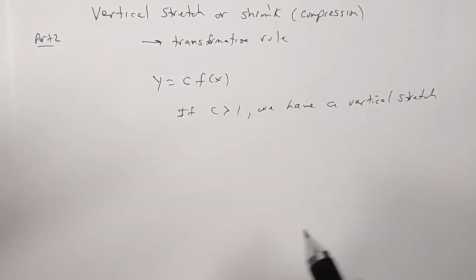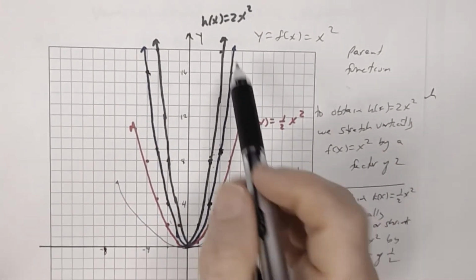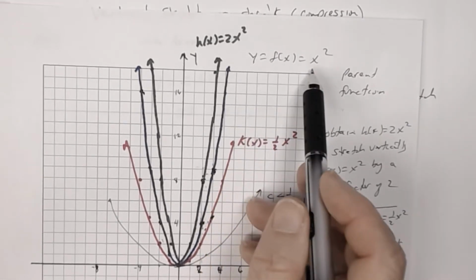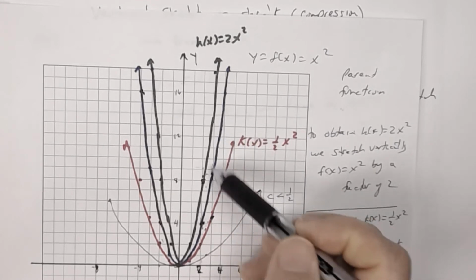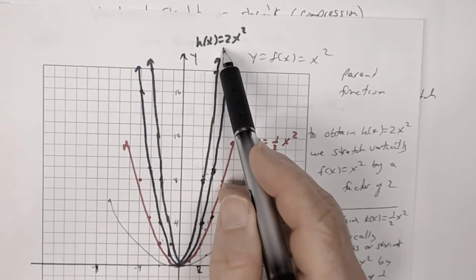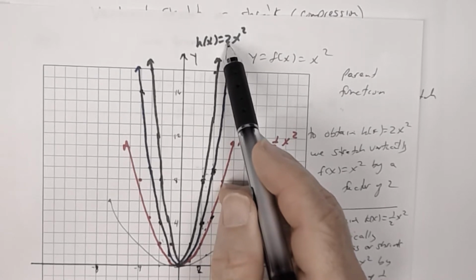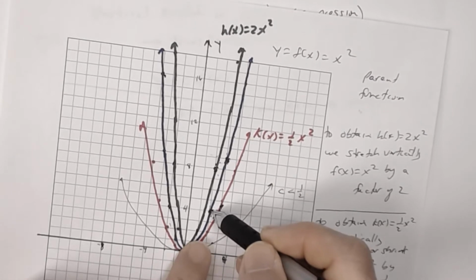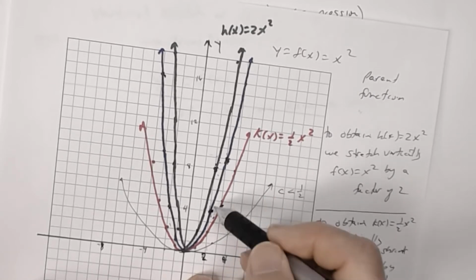Go back to the example from the previous lesson, where f of x was x squared, that's the blue graph, and h of x was 2 times f of x. So c here was 2. Since c is greater than 1, every point on the graph of f of x had its y value doubled.